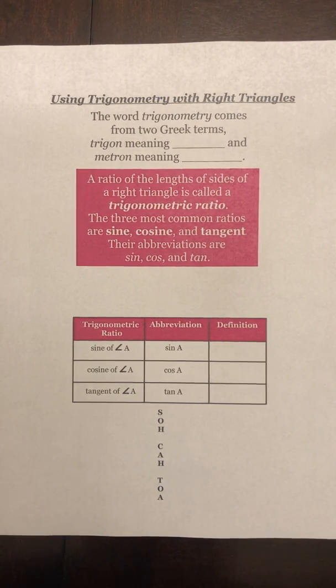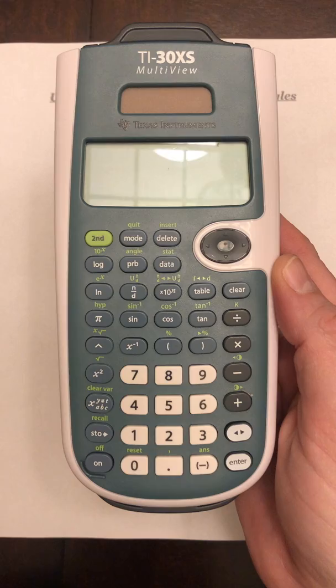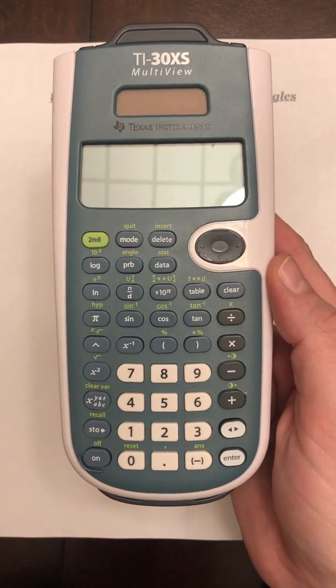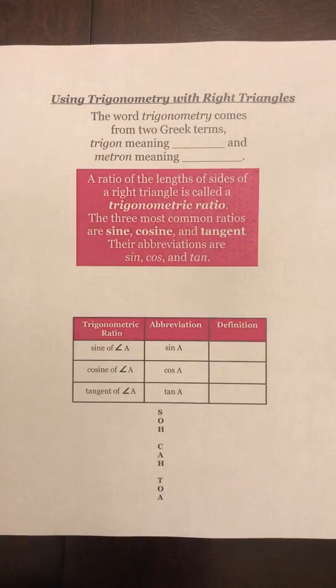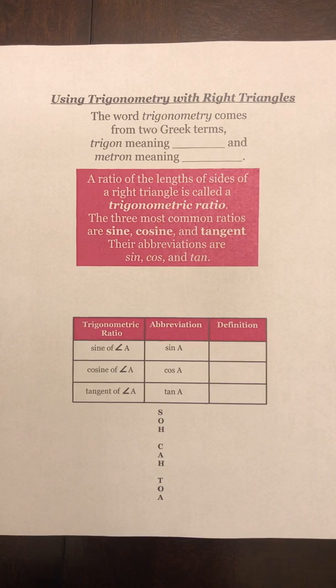I will say that you need the use of a scientific calculator. Now, I really like these. It's what we use in the classroom occasionally. We haven't used them a whole lot this year. You can use any scientific calculator, and I'll try to remember to put a link for an online one that's free in RenWeb. But you can just go to Google and type in free scientific calculator, and I'm sure you'll find stuff that pops up.